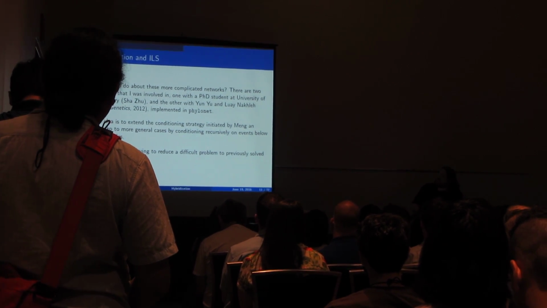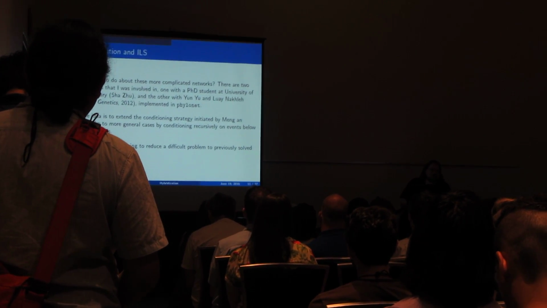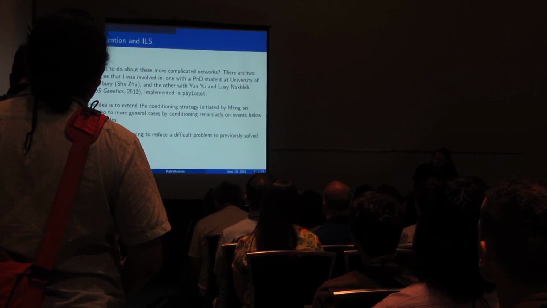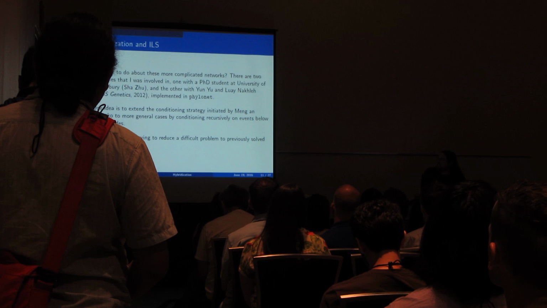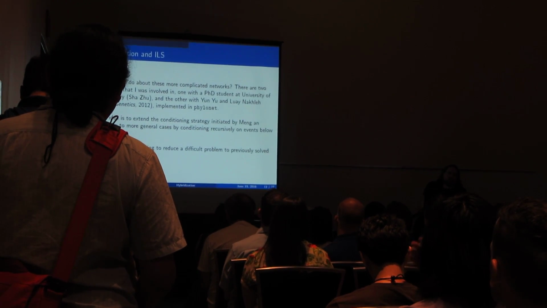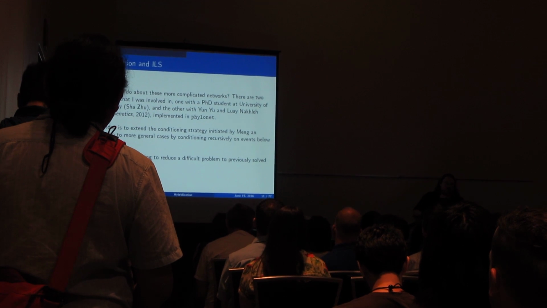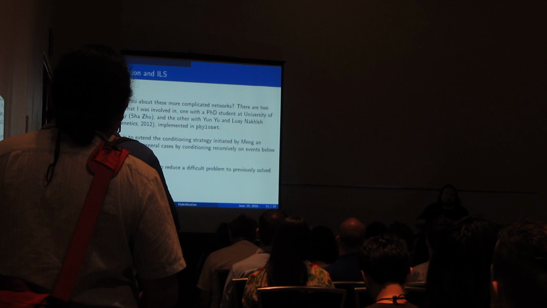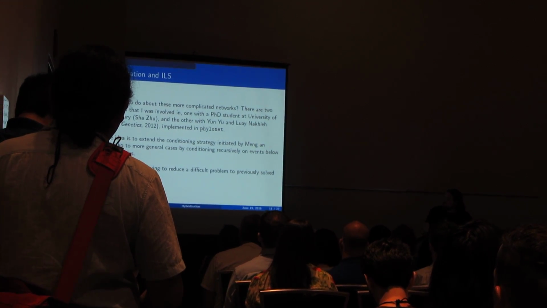That's not quite published yet, but the software is available on GitHub. And the idea is to extend the strategy from the Meng and Kubatko paper, and we condition on events that occurred below the hybrid nodes, and when we condition on those events, we can simplify the network into a bunch of trees.